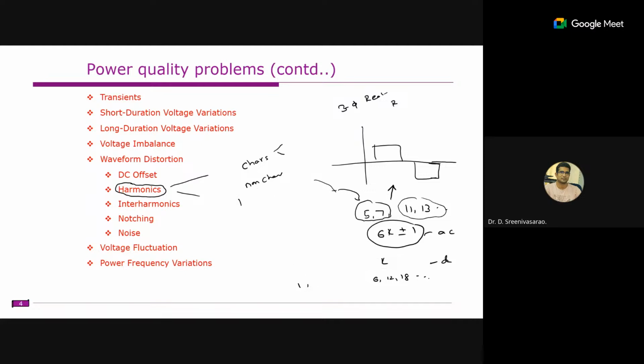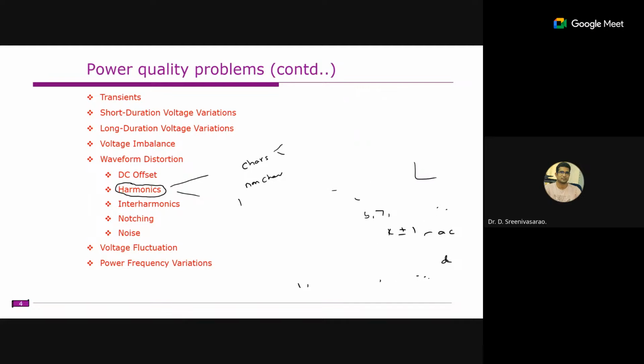There is another group of harmonics which are known as interharmonics. Interharmonics are not integer multiples of the fundamental frequency. Let us assume a 50 Hz fundamental waveform. If you have a 250 Hz harmonic, you can easily say it is a fifth order harmonic.